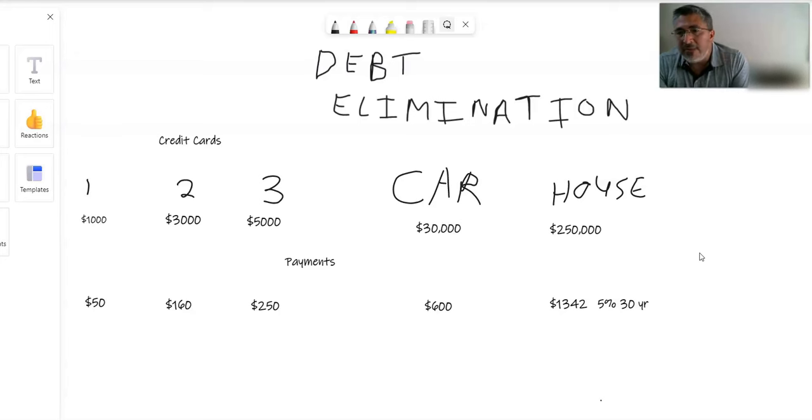Whether anybody feels like that's high or low, this is just for demonstration purposes. As of the date of this recording, it could actually be low, because rates are only going up. They're predicting it'll be like 7% at the end of the year. It might be higher. We don't know what the Fed's going to do between now and then.